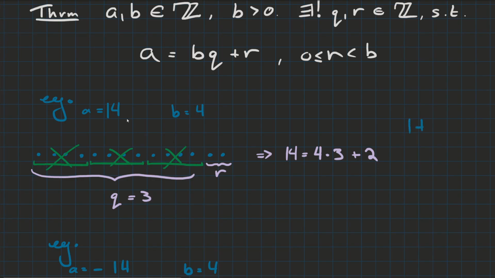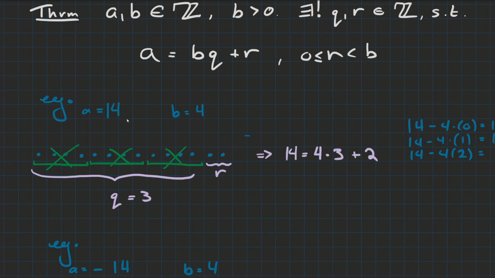I'm kind of just restating what I did here, but maybe a little bit more algebraically. I can think of 14 minus 4 times 0, which is 14. Then 14 minus 4 times 1, which is 14 minus 4, which is 10. I keep subtracting 4.